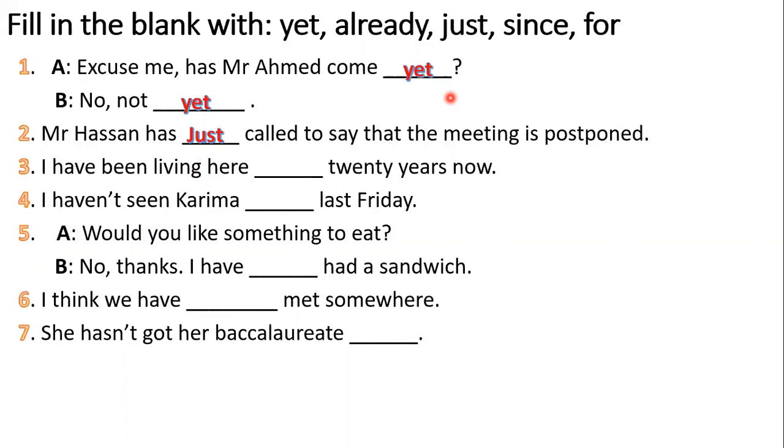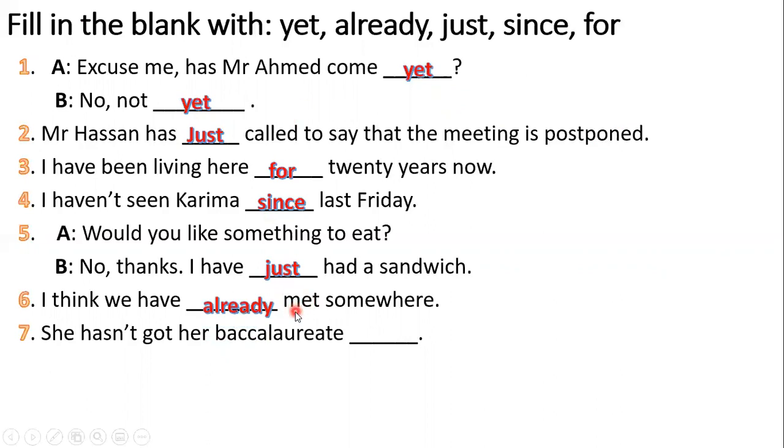Number 3, I have been living here for 20 years now. Pay attention, we always use present perfect here. I haven't seen Karima since last Friday. Number 5, would you like something to eat? No, thanks. I have just had a sandwich. I think we have already met somewhere.